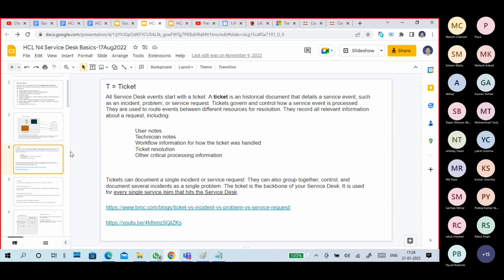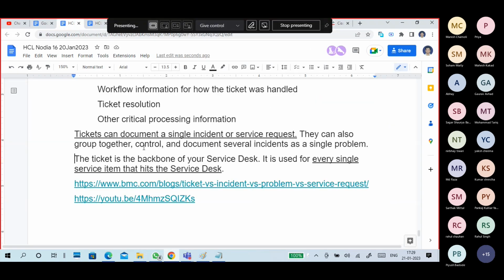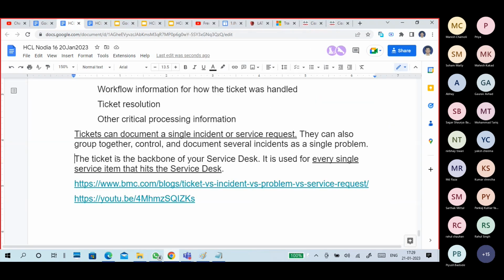We'll go back once more to the ticket. A ticket can document an incident, meaning certain issues occur and the ticket is created based on that issue. Or a service request is generated by the user, and the ticket can belong to that as well. Also, multiple tickets can be grouped together and represented as a single column.